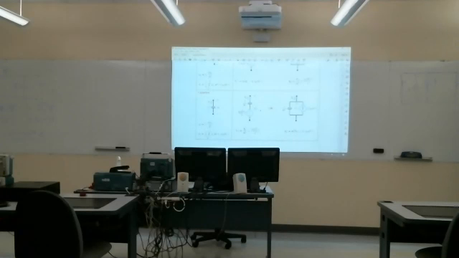Well, let's do it this way. ZT, the total impedance, is the reciprocal of the sum of the reciprocals: 1 plus S over 4 plus 1 over 0.8S. All right, that's the total impedance.